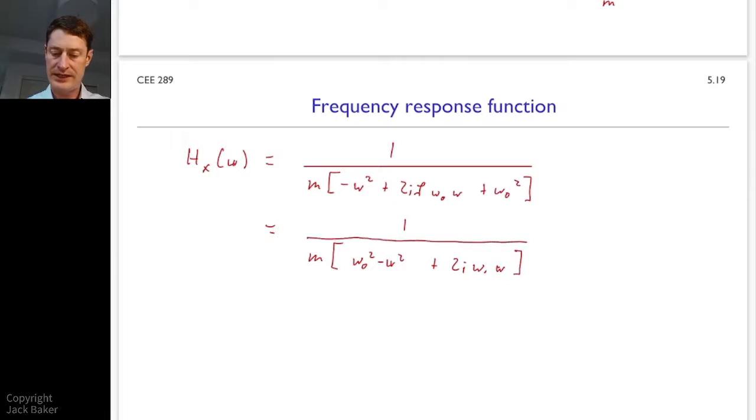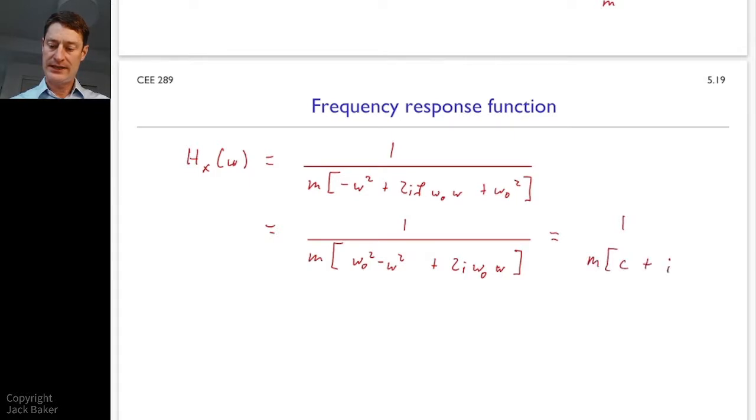The reason I did that is I wanted to group all of the real numbers, the omega naught and the omega squareds, together, and then I've got this term over on the right, which has the imaginary number, the i, in it. The functional form here looks something like 1 over m times c plus i d, where c and d are just some collections of constants.